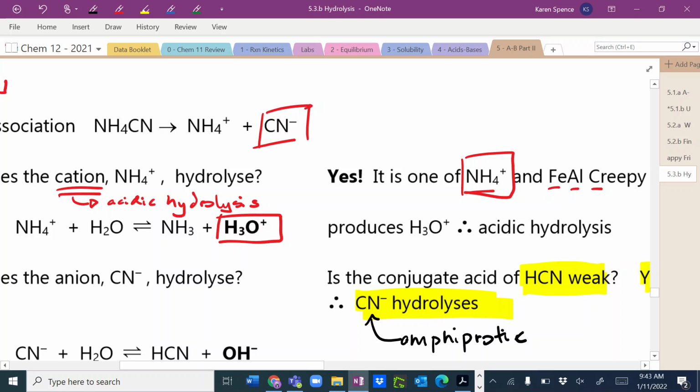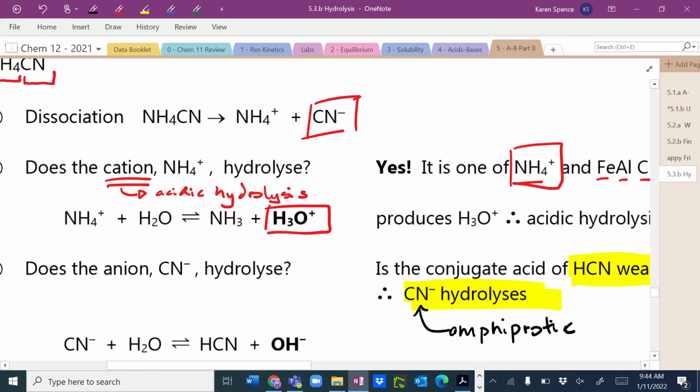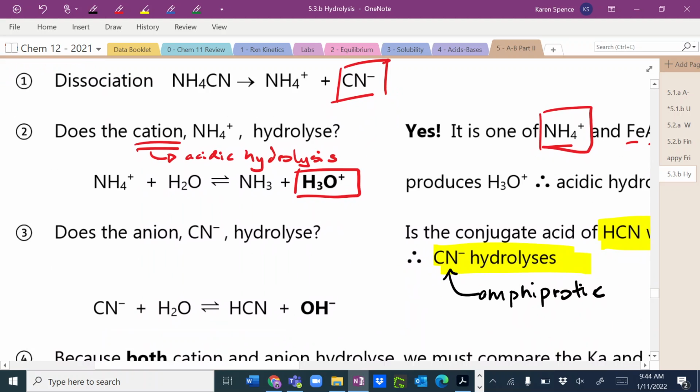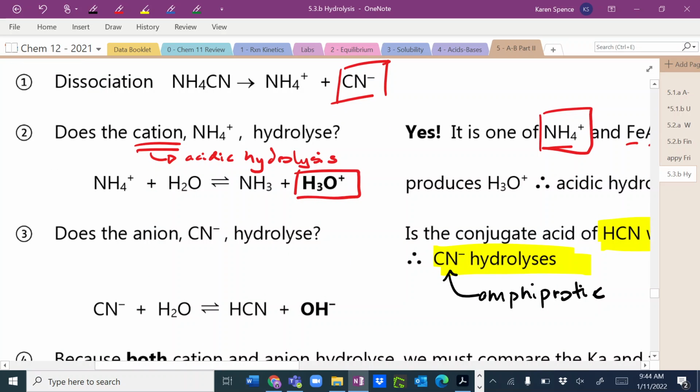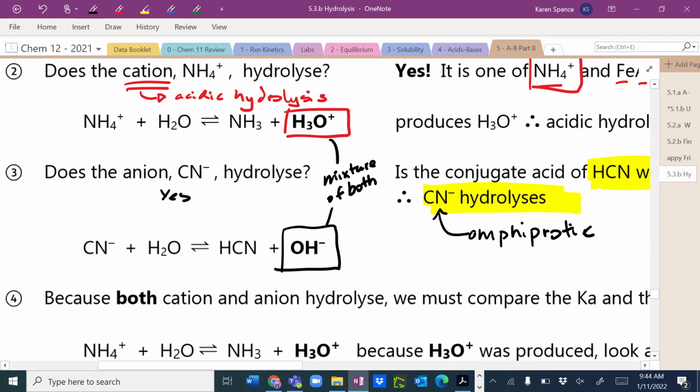Anions do basic hydrolysis unless they're amphiprotic, in which case they do basic hydrolysis and acid hydrolysis. So does it hydrolyze? Yes, it does, and we end up getting OH minus. So again, we have a mixture of both: the hydronium coming from the cation, the hydroxide coming from the anion.